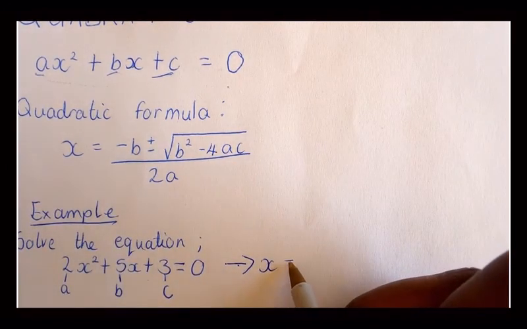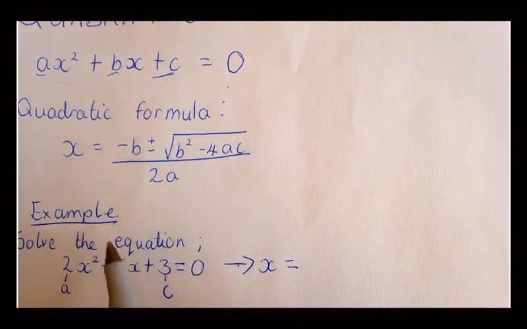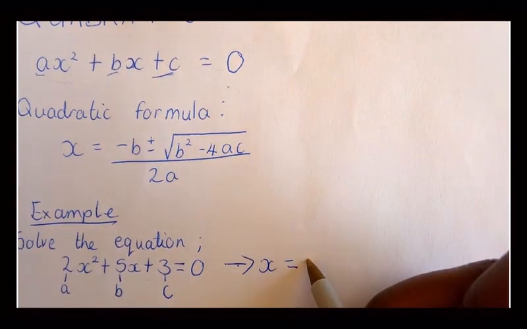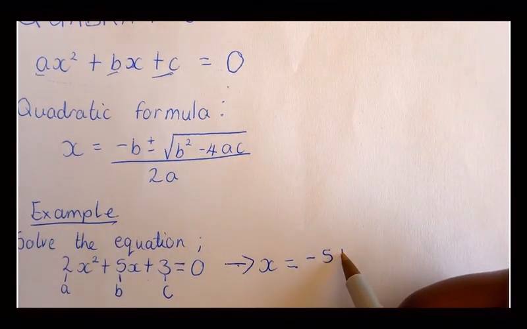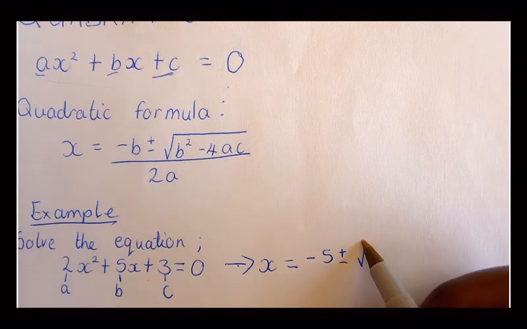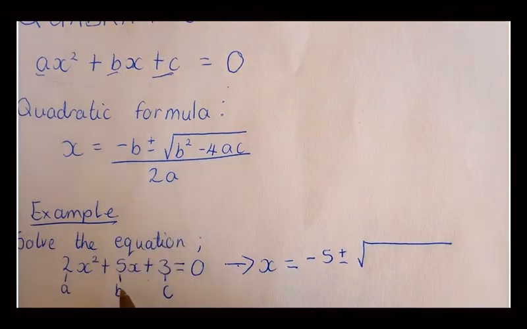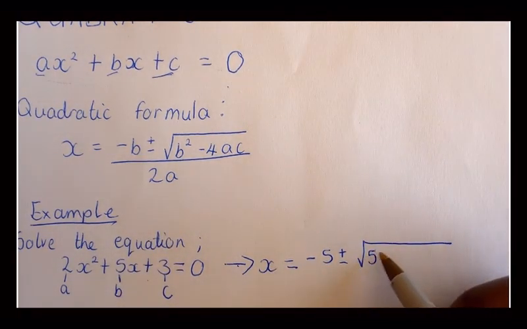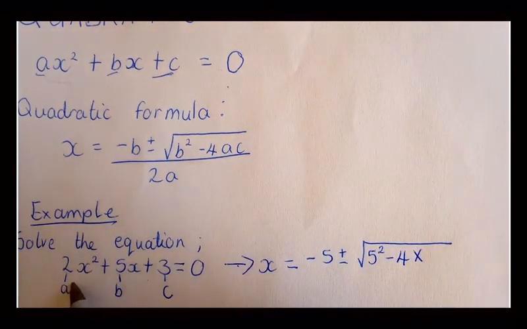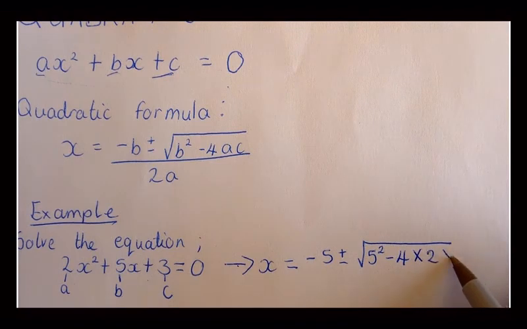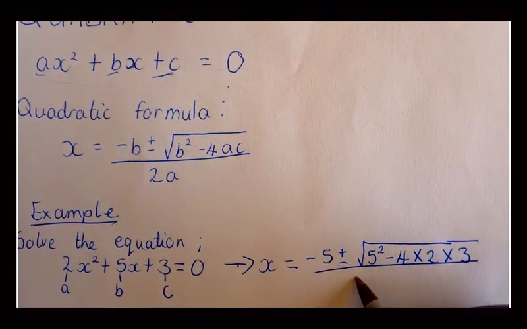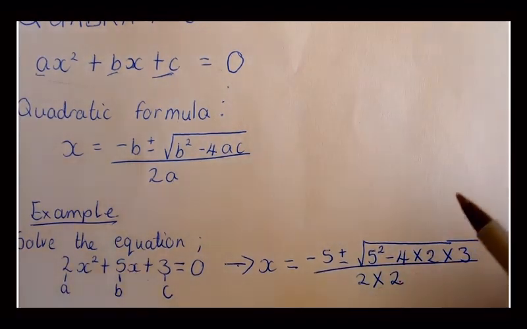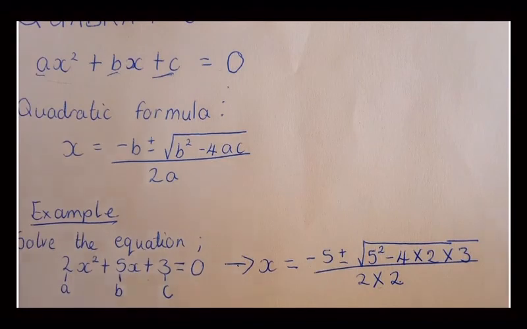x is equal to minus b, our b is 5, so it is equal to minus 5 plus or minus the square root of b squared, our b is 5, so it will be 5 squared, minus 4 times our a, which is 2, times our c, which is 3, all over 2 times 2, which is our a in this case.